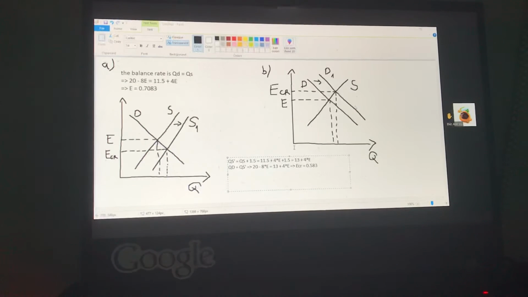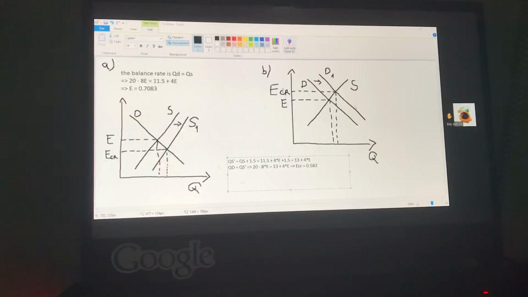So this is the ECR of the Reserve Bank. Okay, this is the new. And in the next question, when the Reserve Bank maintains a fixed exchange rate regime and the AUD exchange rate is 1.71, it's higher than the balance rate.